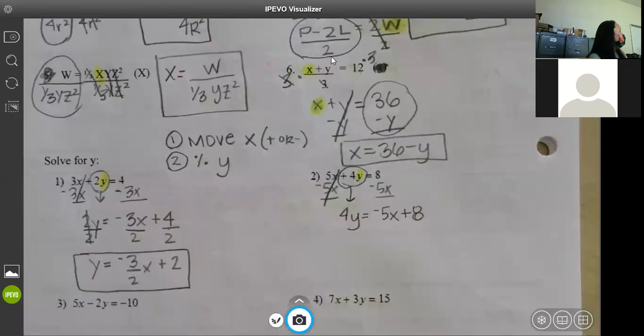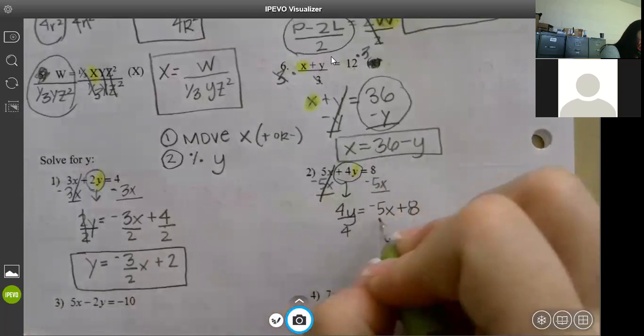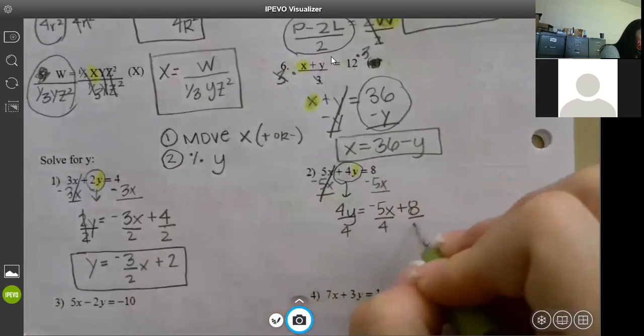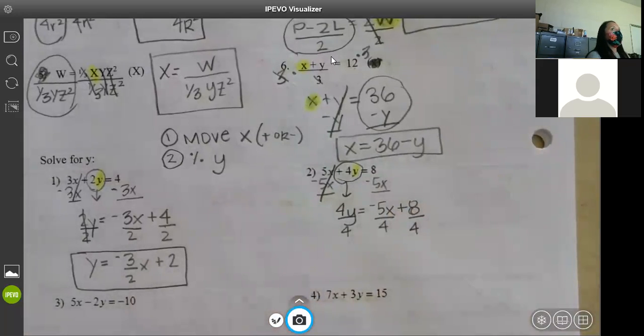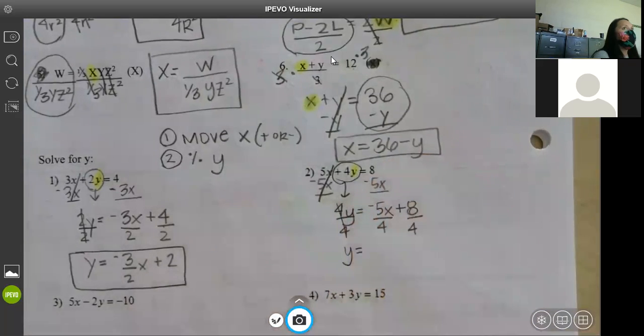What is our last step? Step number 2 is divide by y. What are we dividing? Everything by 4. Everything. That gets your y by itself.